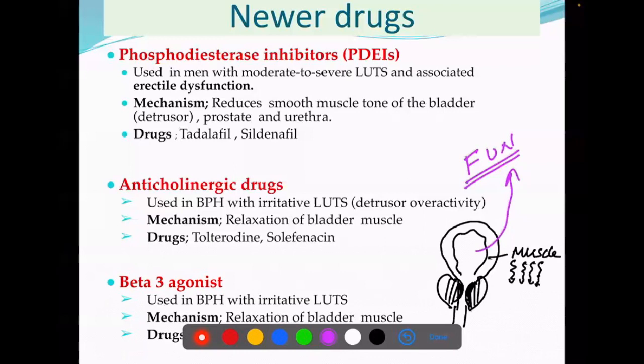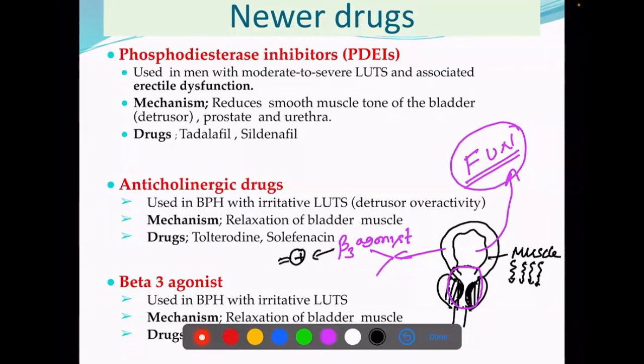So a patient of BPH, if he has severe irritative LUTS, then you have to add a bladder muscle relaxant, either a beta 3 agonist, and when the beta 3 receptors are activated, it causes relaxation of the bladder muscles. Muscarinic receptors are found in these smooth muscles of the bladder. So when these are blocked, these muscles will be relaxed.